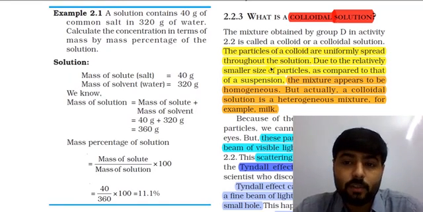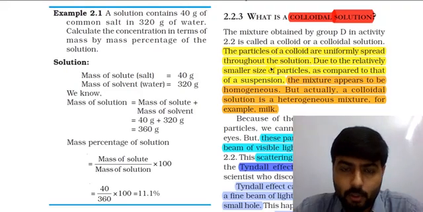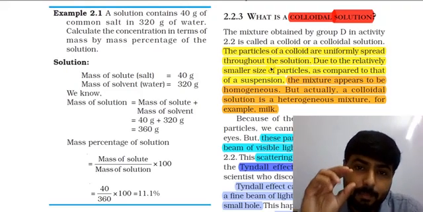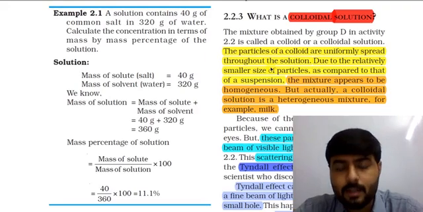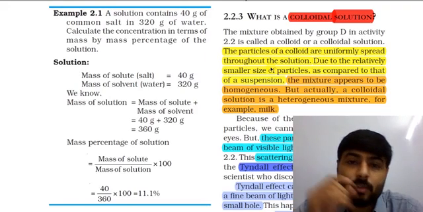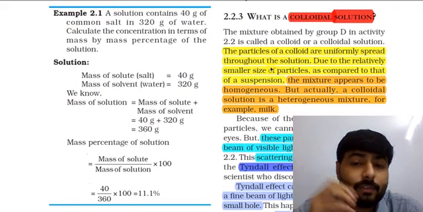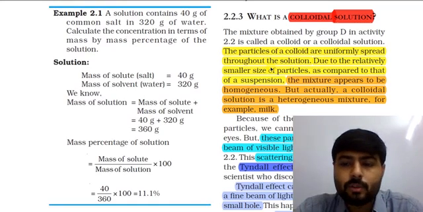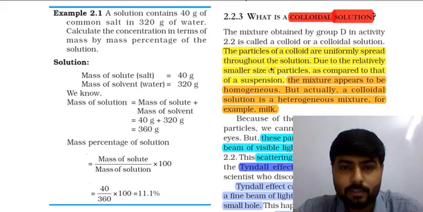Next, particles of colloid or colloidal solution are a little bit bigger than that of solution. And after that we have particles of suspension, the largest of all three. So I hope you can remember the size of these three particles in sequence from smaller to larger.